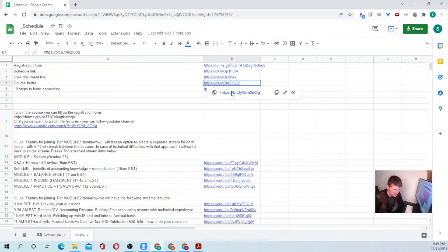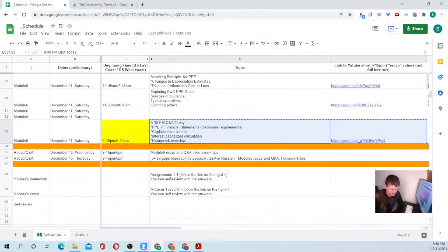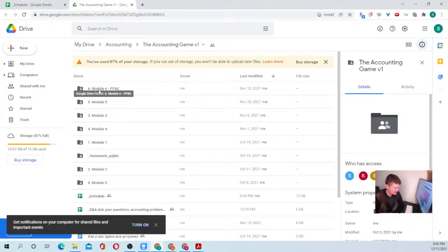Course folder. Excellent. Okay, so apart from review of today's lecture, I have PP&E in financial statements for today and capitalization criteria. We will look into that in a bit more detail, and calculation of interest capitalized, and some information about homework.